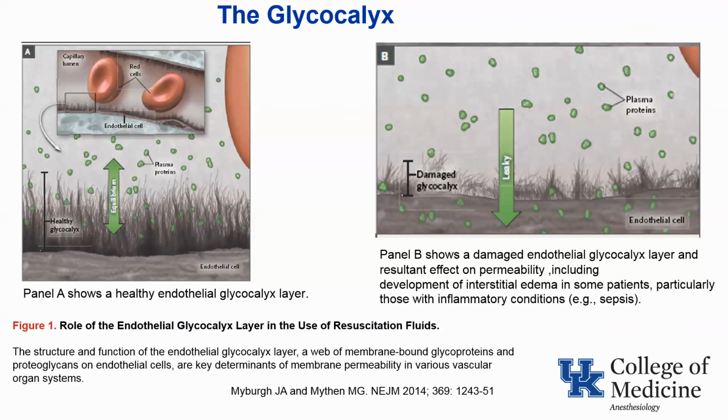This nice review article shows a picture of the normal glycocalyx and the injured glycocalyx. It is thought that the glycocalyx and its function highly influences the development of peripheral edema in disease states, and also alters some of the assumptions of the Starling hypothesis.